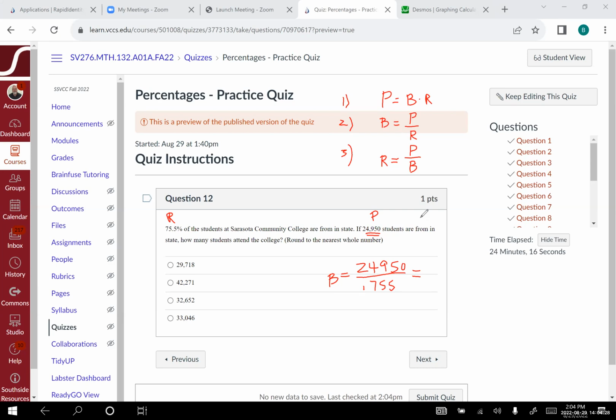I got 33,046.35. Okay, and it says round to the nearest whole number, so we'll just call it 33,046. So the total number of students that go to Sarasota Community College are 33,046.